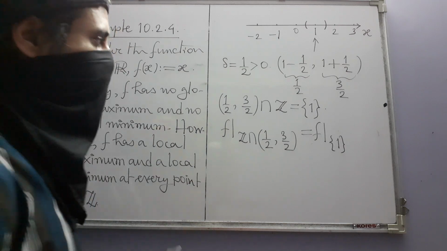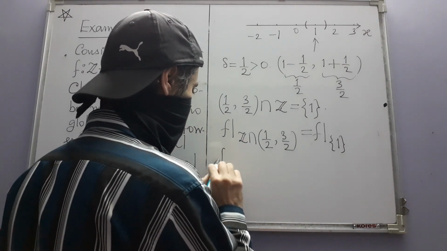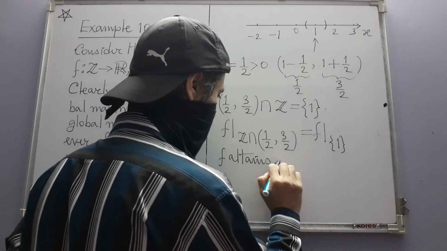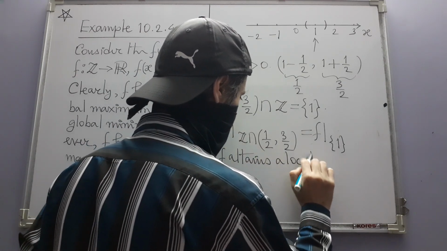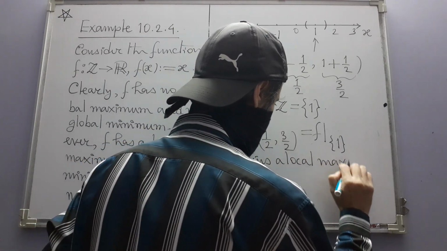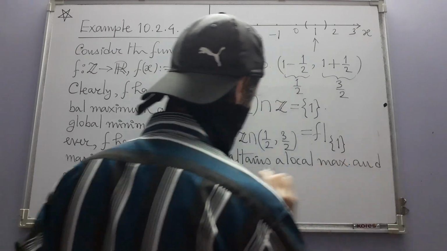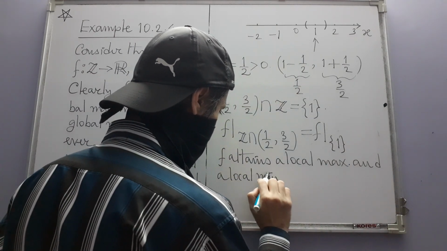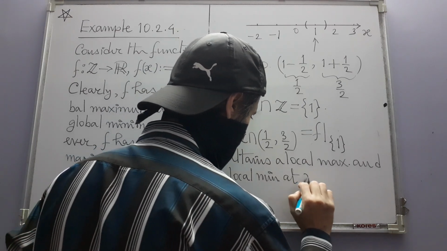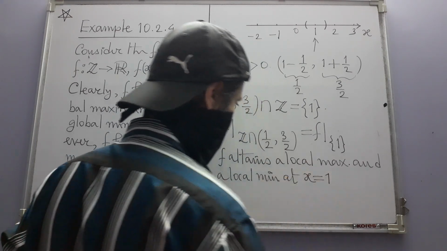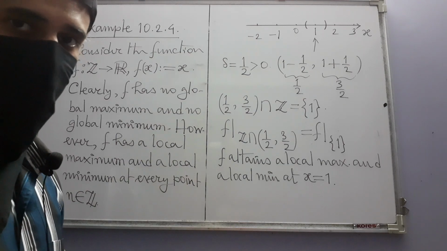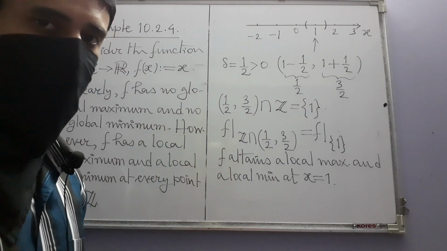And that's how f attains a local maximum and a local minimum at x equal to 1. And that maximum as well as the minimum local value is also 1.